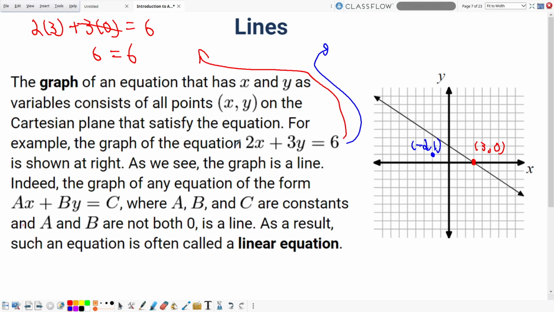So again, I'm going to take my equation 2x plus 3y equals 6 and since my x value on that blue point is -2, I'll replace the x with a -2. Plus 3 times the y value, which is just 1. And if this was a valid ordered pair, this should all be equal to 6. Well, -2 times 2 is -4.